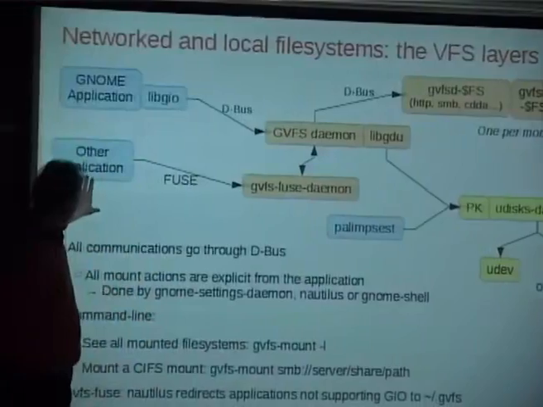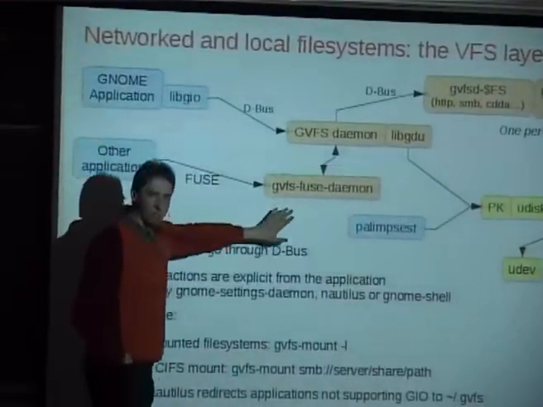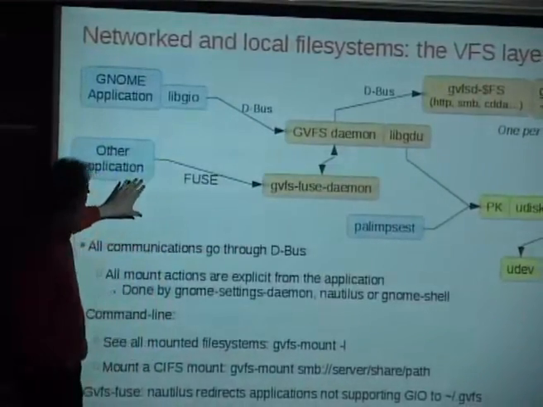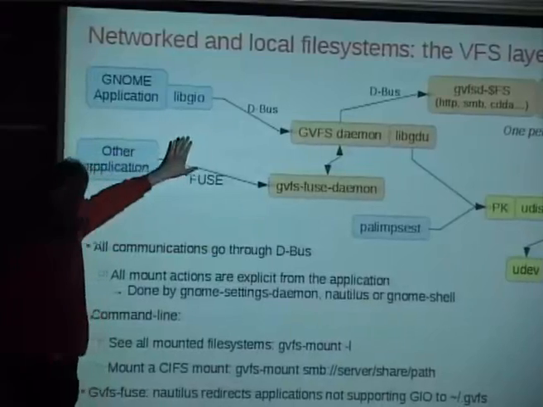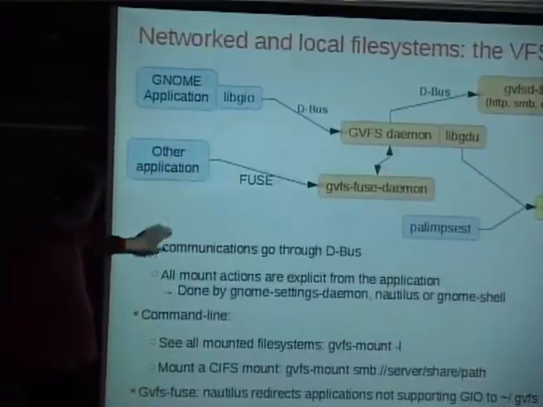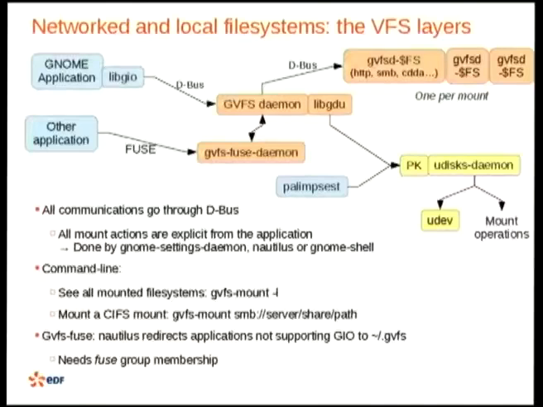Two other interesting things. You have a FUSE interface for applications that don't use libgio. So it appears in the .gvfs directory, and Nautilus knows how to tell apart applications which do know how to access it from those which don't.